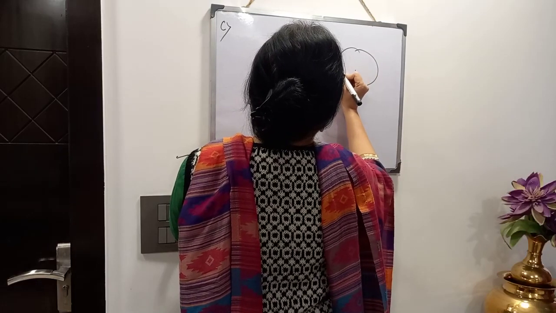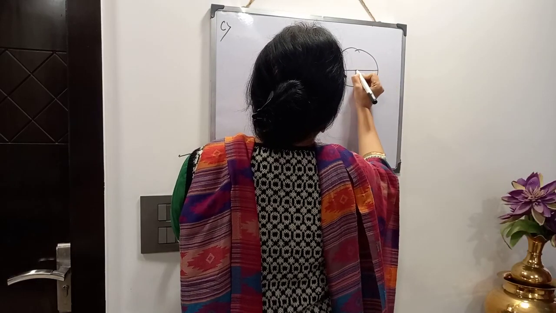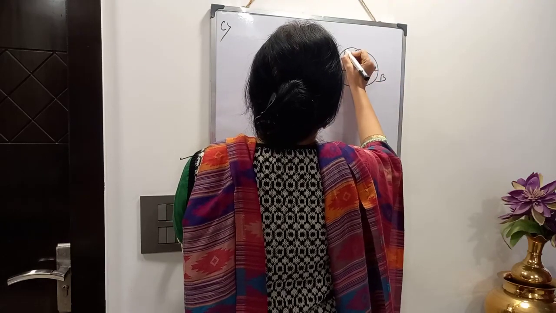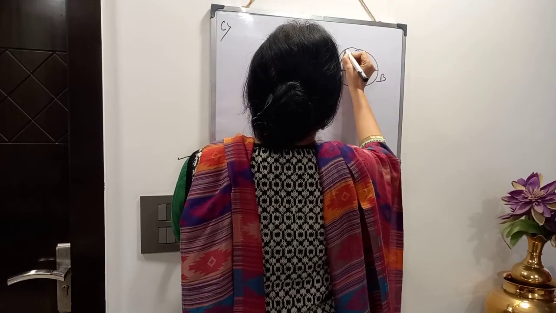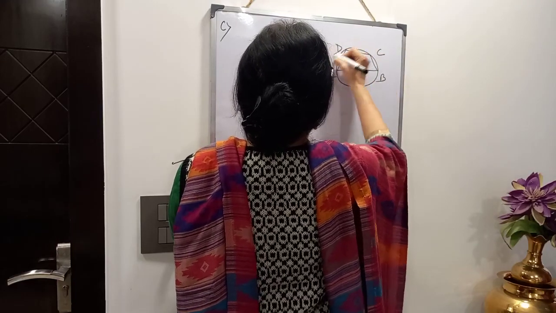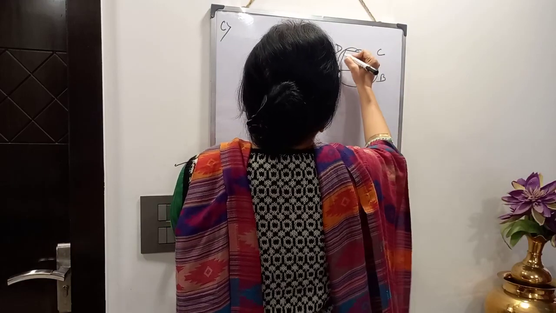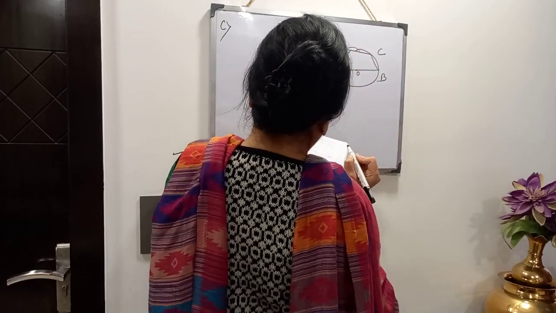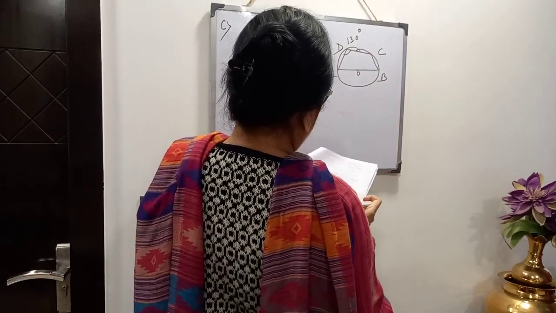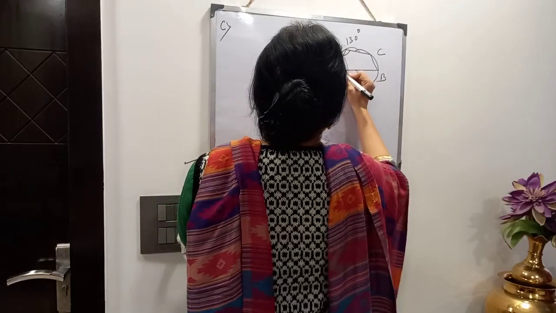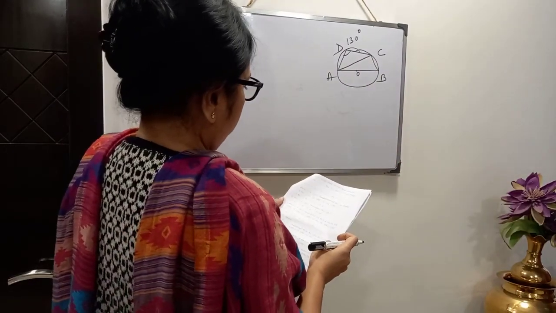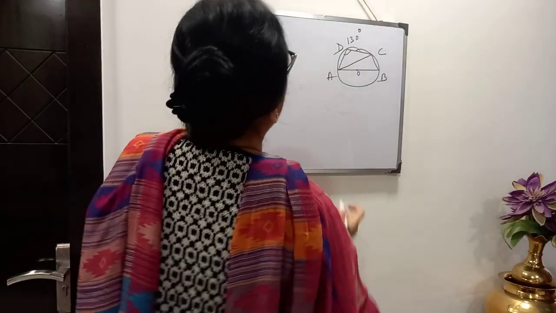This is the diameter. ADC is given 130 degree, and you have to calculate BAC. Okay, BAC is this.